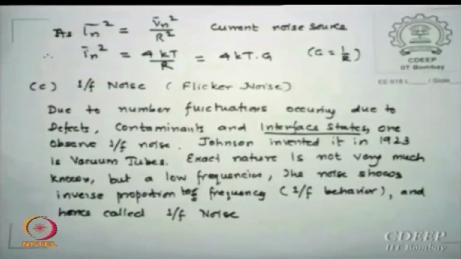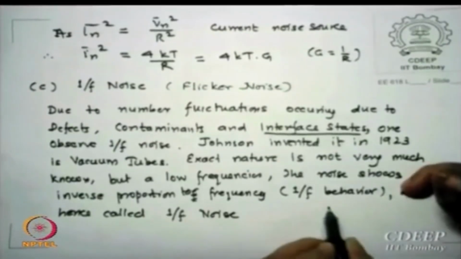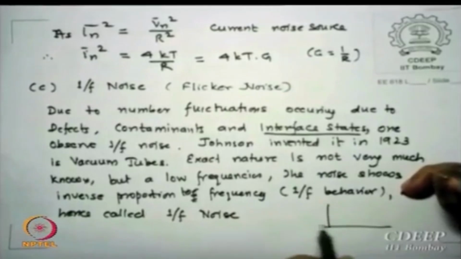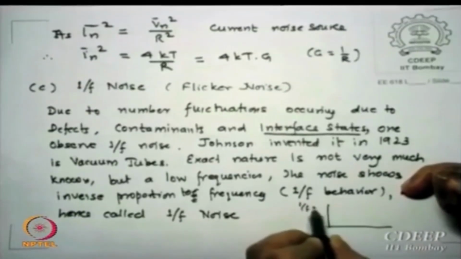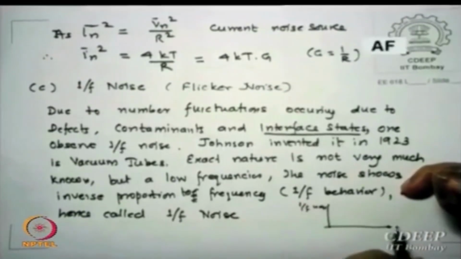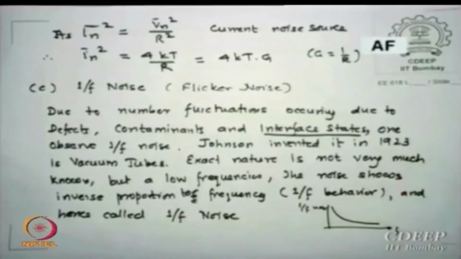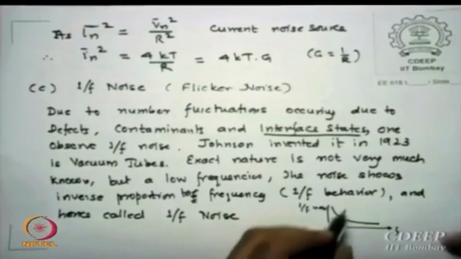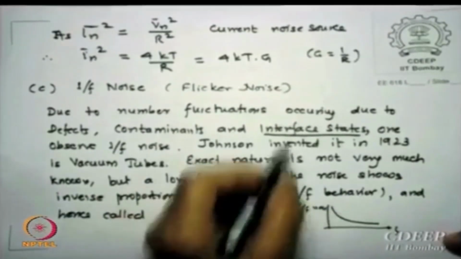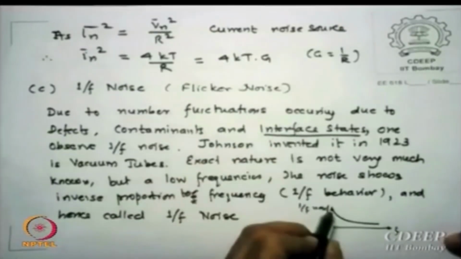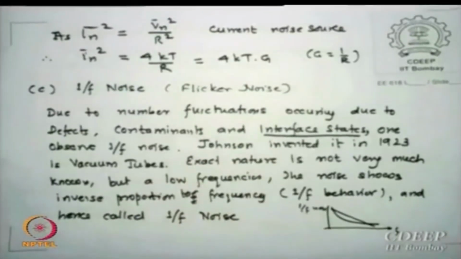So the larger the frequency, the smaller is the output. If you plot 1 upon F noise versus F, it is something like this. It actually goes down exponentially, but in real life, if you are only taking the interface, it actually goes like this.